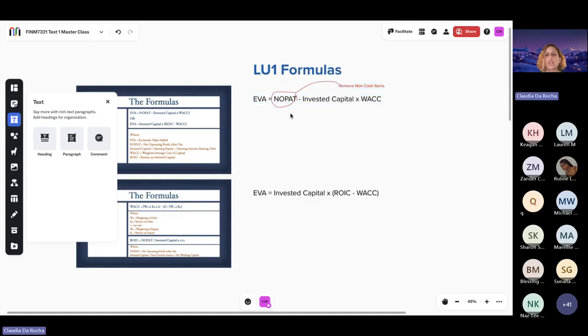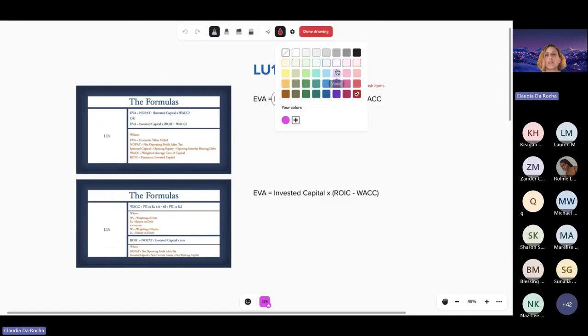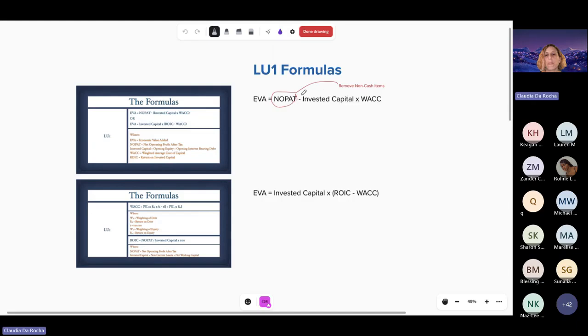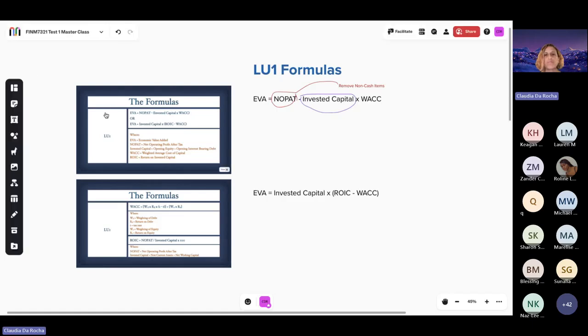Okay, so for NOPAT, we must remove our non-cash items. Then we have our invested capital. With our invested capital, basically it's the opening balance of equity and interest-bearing debt. Very important that it's those two items.